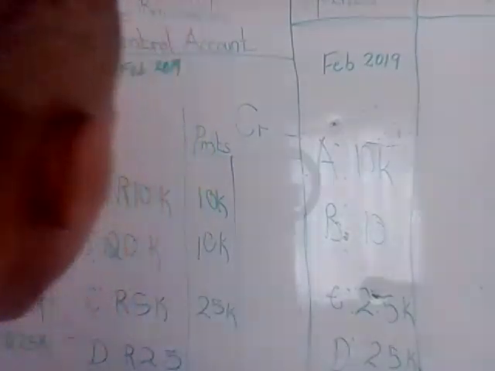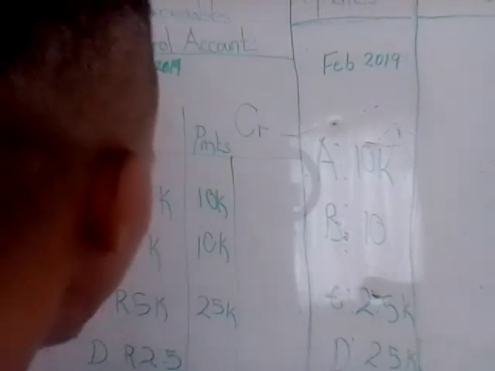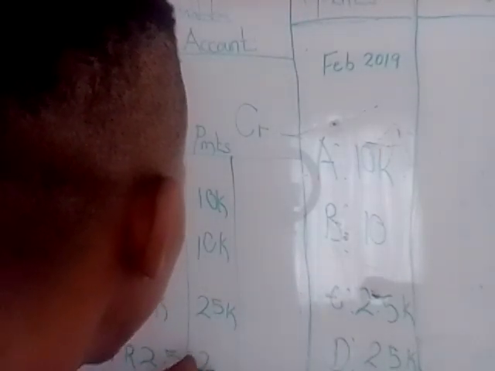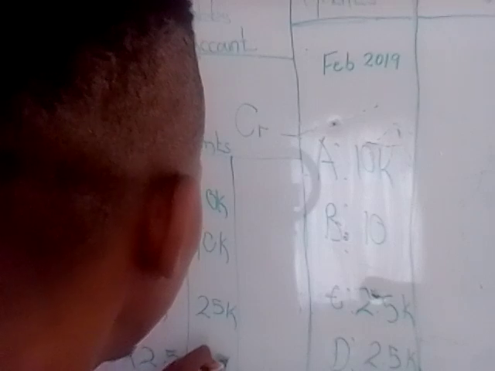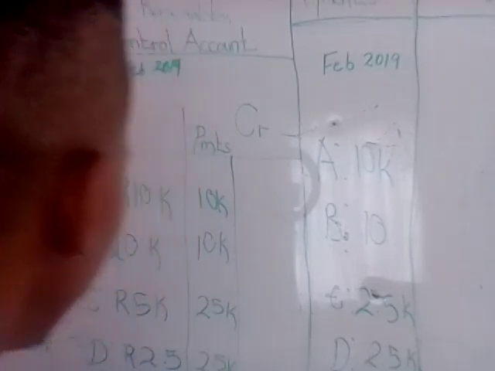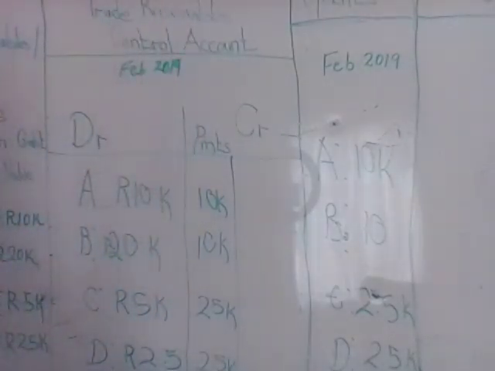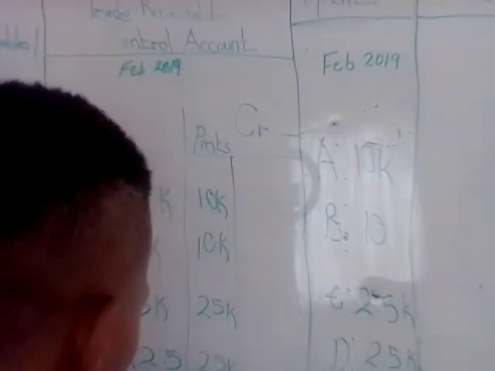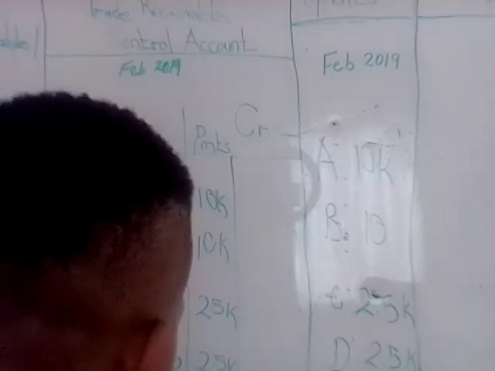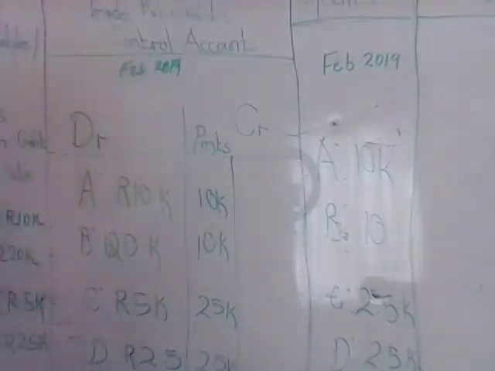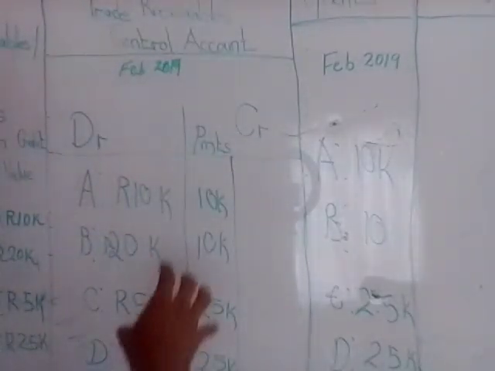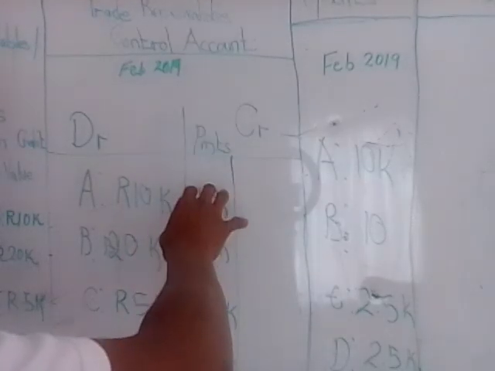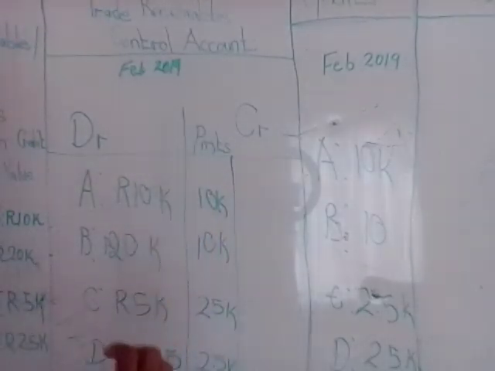And for D, they made payment of 2.5 as well, though they owed 2.5. So they made full payment at that stage. For E, they did not make any payment whatsoever, so it's 0. So let's just maybe totalize this and get a sense of how much we are owed and how much money was paid over to bring down the value of that debtors balance at that stage.